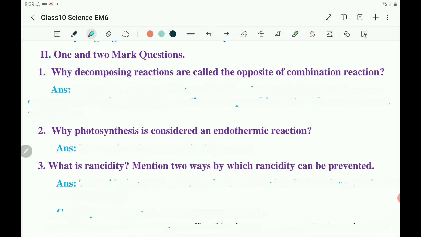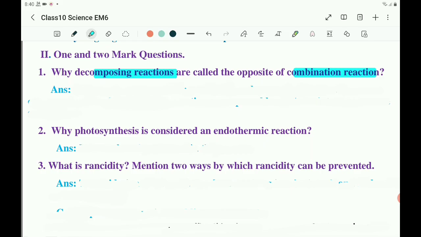You know that in a combination reaction, two or more reactants combine to form a single product. In a decomposition reaction, one single reactant breaks down to give two or more products.